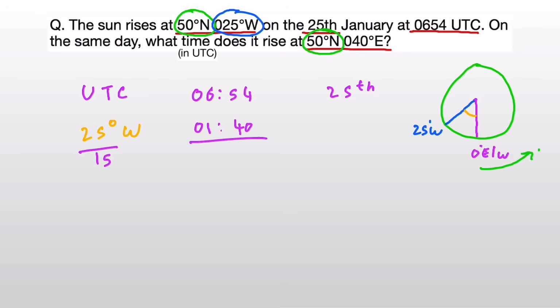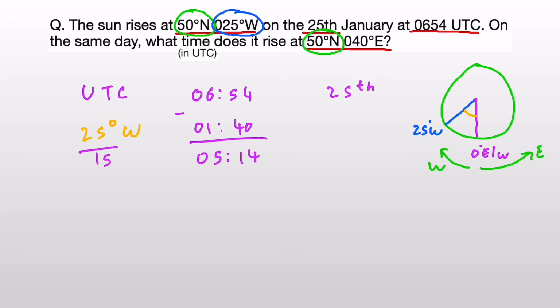Now, this side is east, this side is west. The blue longitude is west of the Greenwich meridian. That means the Greenwich meridian will be ahead in time. Since it is ahead in time, the blue meridian's time will be behind. So I will subtract 1 hour 40 minutes from 6 hours 54 minutes and I get 5 hours 14 minutes as the LMT.